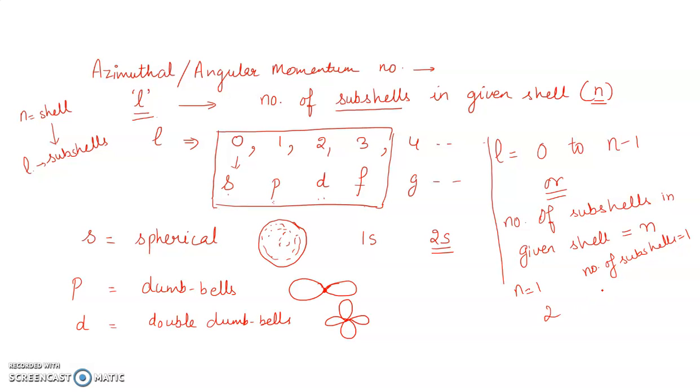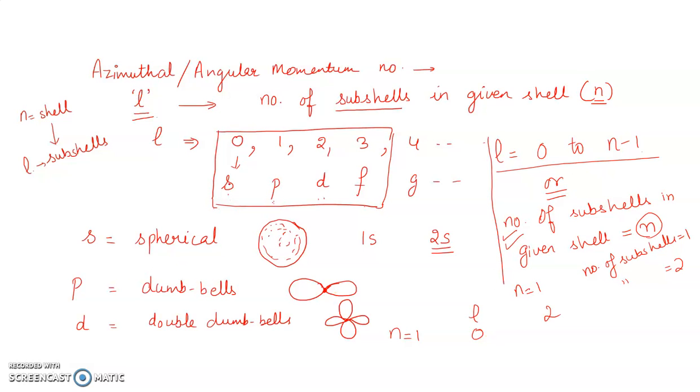If n is 2, then the number of subshells will be 2. So the number of subshells in a given shell is equal to the value of n, but the values it will attain are 0 to n minus 1. Say if n is equal to 1, then the value of L will be 0. Now the highest value is 1 minus 1, 0, so it is only one value, that is the S subshell.